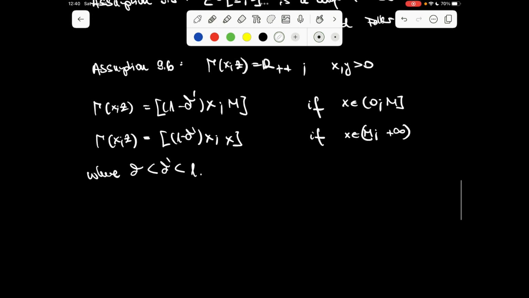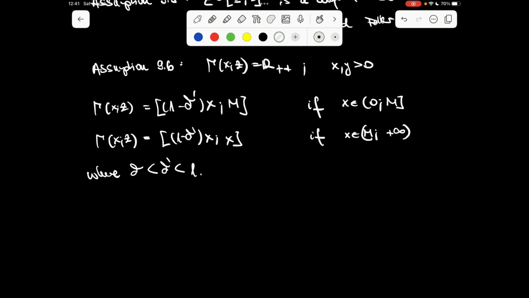So what we do here is putting a limit on the feasibility set by choosing an appropriately large positive number m.